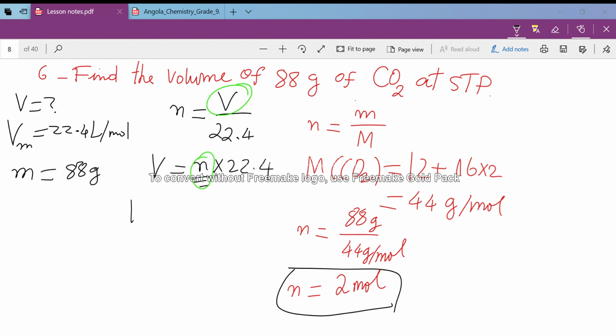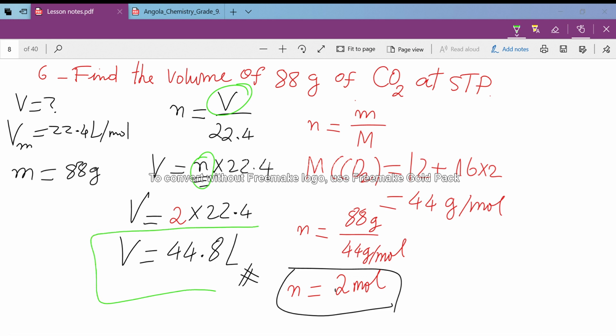Volume will be the number of moles we've calculated, 2 moles, multiplied by 22.4. So volume is 44.8 liters. So this is our final answer.